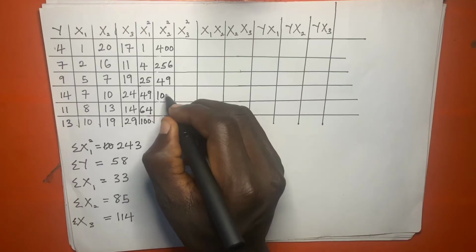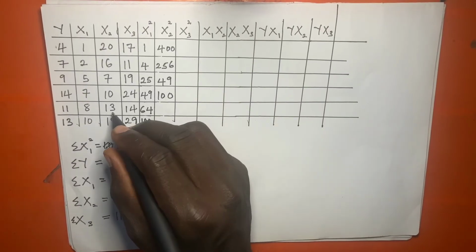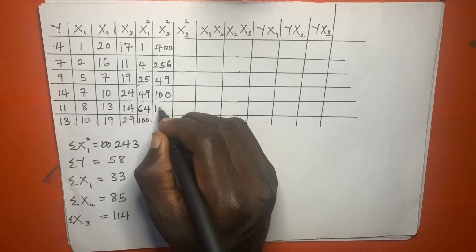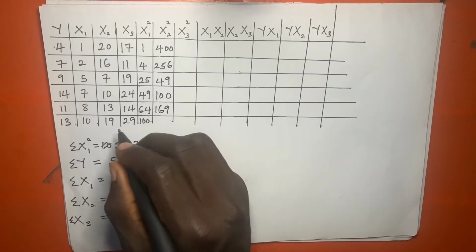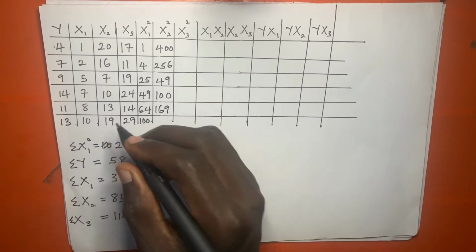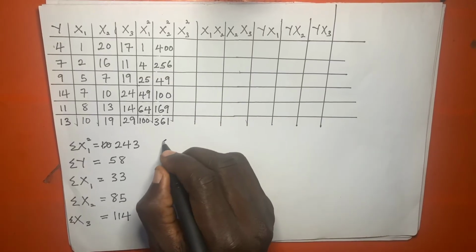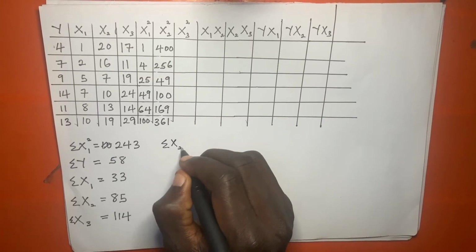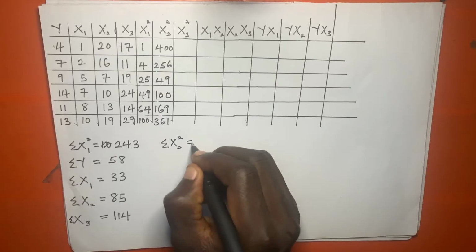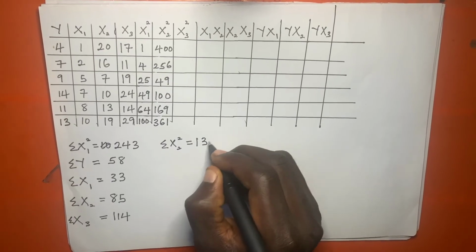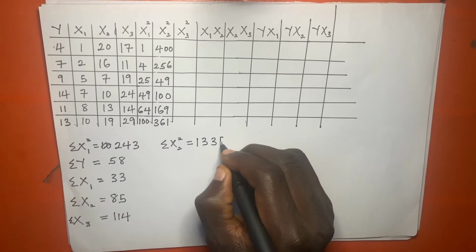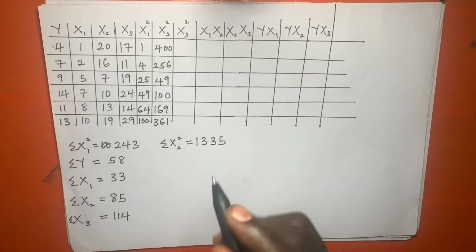This 100. This 169. This will give us 361. So therefore, summation x2 square will give us 1335.